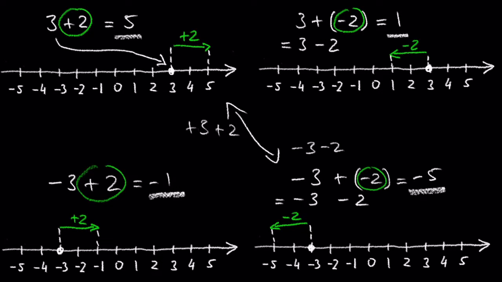But for the second example, the following rule is helpful. Add the two negative numbers as if they were positive, and then attach the negative sign.